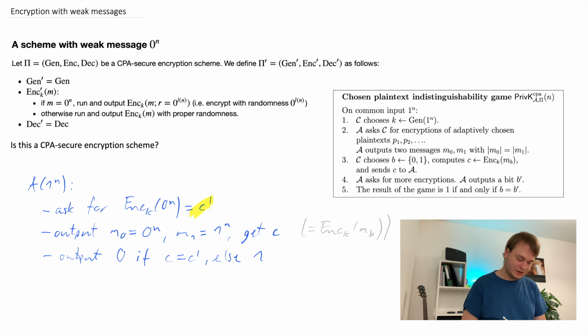And then he just checks whether the challenge ciphertext C is the same as the ciphertext C prime for 0. If it is, then he outputs 0, and in that case he would win, because then it definitely was an encryption of 0. Otherwise, he will output 1, in which case he will also win, because if C is not equal to C prime, it must be the ciphertext for 1. So the probability of this adversary A winning this game is just 1.